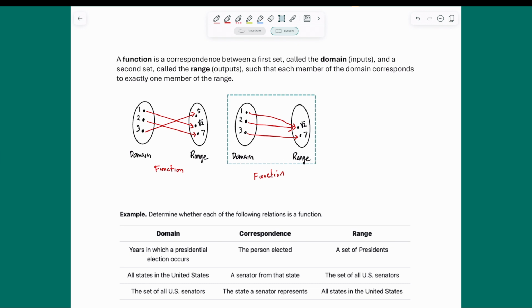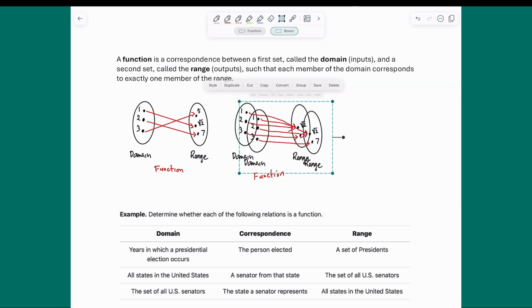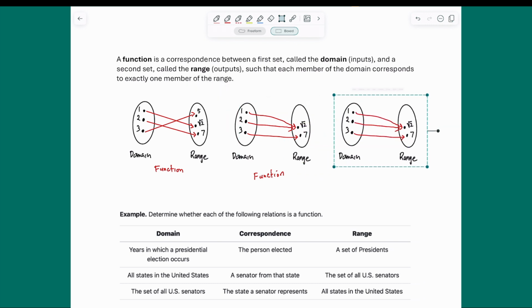Let's see where that is violated. Let me duplicate this picture. What if we had something like this, where 1 went to square root 2, 2 went to the square root 2, 3 went to 7, but then 2 also went to 7 as well?